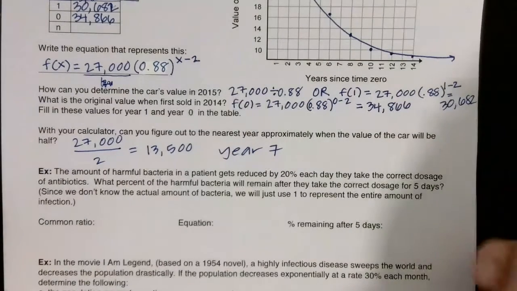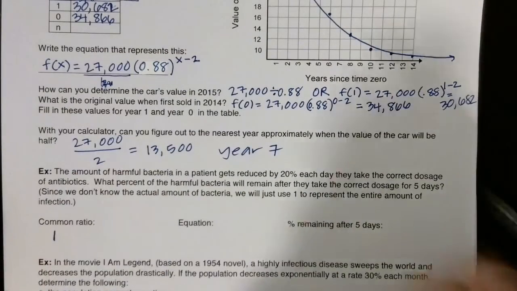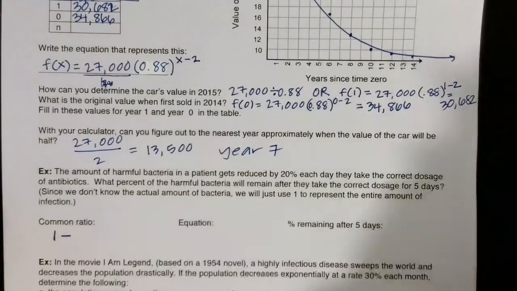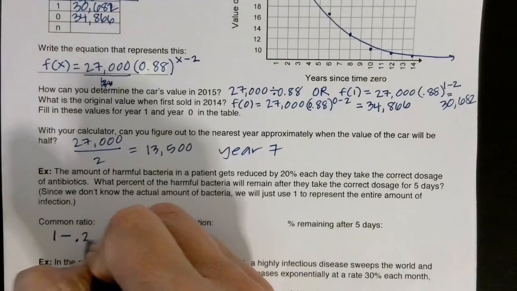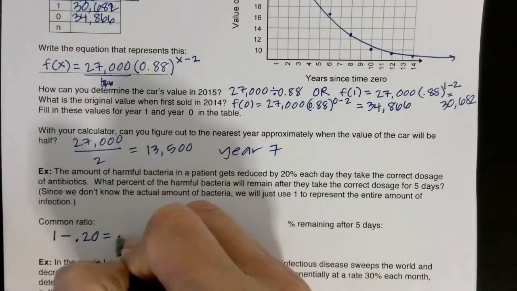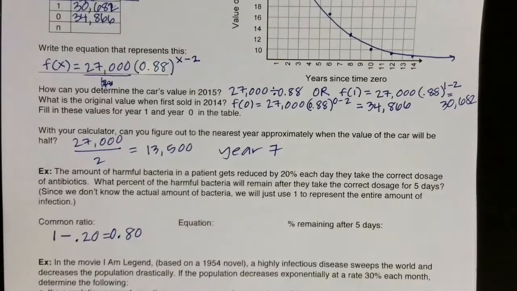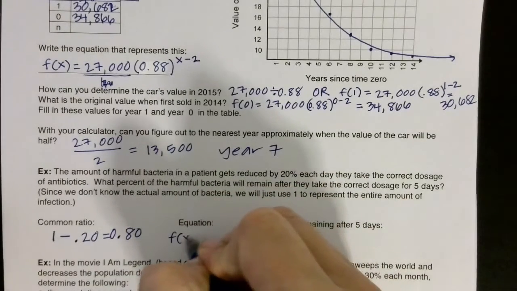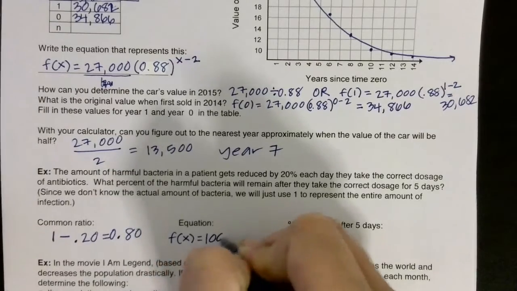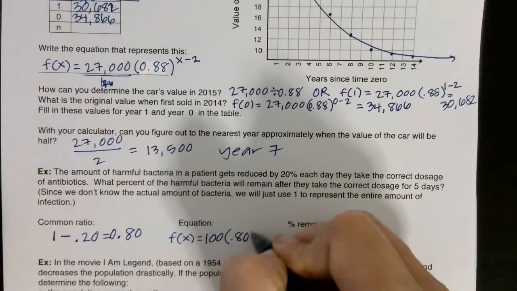So here we go. Common ratio. So you were 100% infected, and then we are subtracting the 20%. So 0.20. So our common ratio is going to be 0.80. All right. So f of x equals 100 times 0.80 to the x.